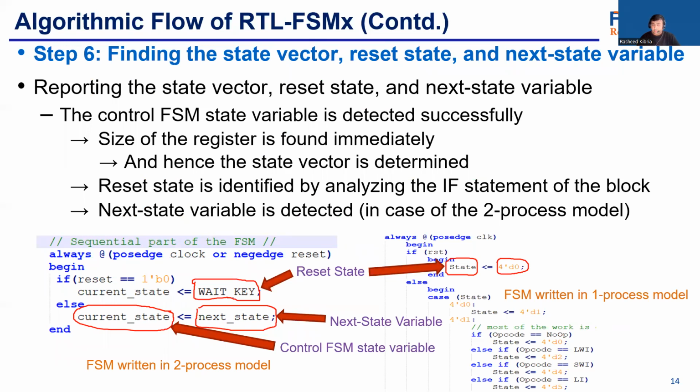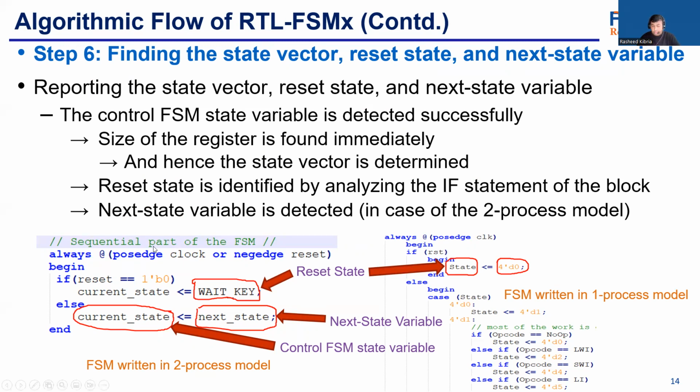Once the control FSM state variable is detected successfully, we can identify the size of the state register, and hence the state vector can be easily determined. The reset state is identified by analyzing the if statement block that I have already mentioned, and in this stage, the next state variable is also detected in case of the two process model.